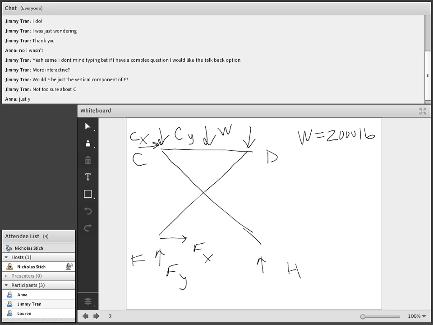I just wanted to show you guys that sometimes you can come back and use a free body diagram later on once you figure stuff out. All right. So like I said, we have H, Fy, and Fx. What equation do you guys want to use first to figure out one of the forces that we need to find out?